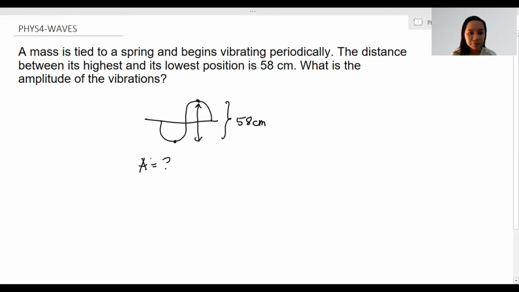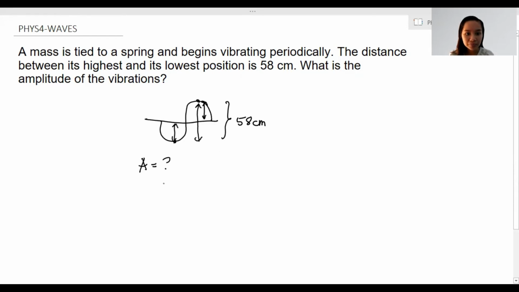So in this problem, our amplitude is just the distance from the highest point to the center, or to our equilibrium. Or it could be from the lowest point to the equilibrium position.